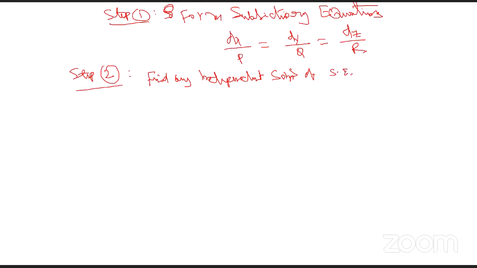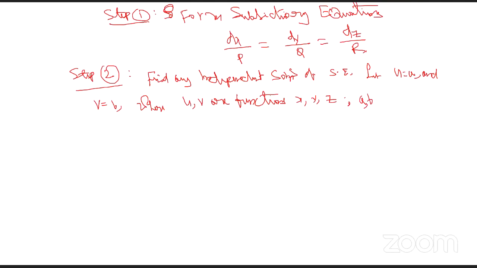Let u equal to a and v equal to b, where u, v are functions of x, y, z, and a, b are constants.